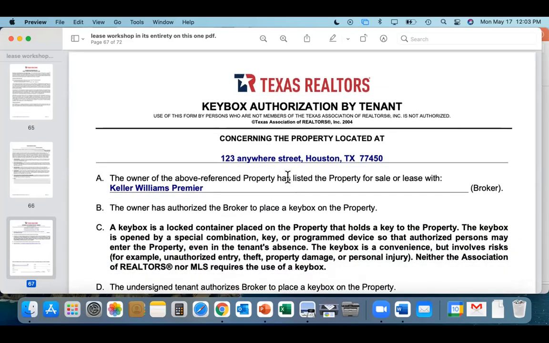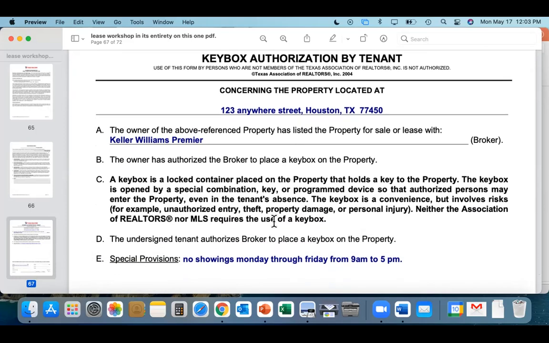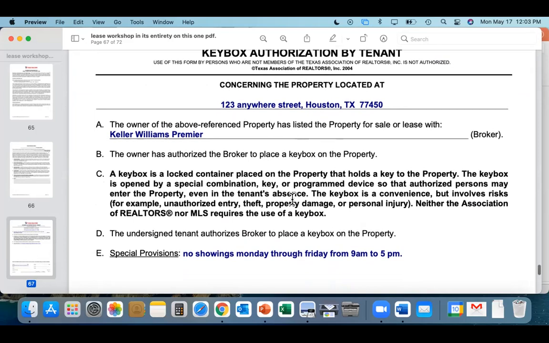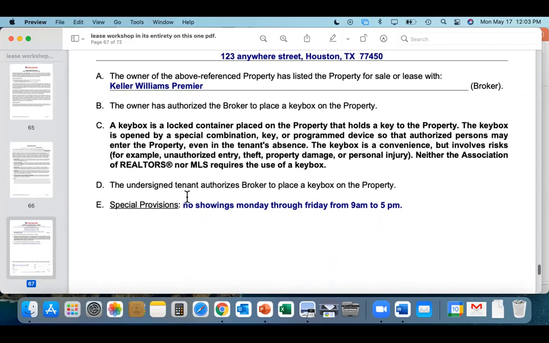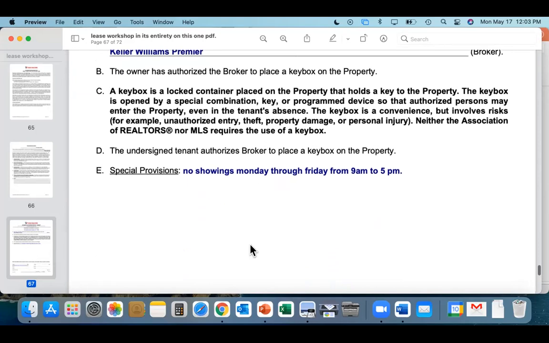Here's our key box authorization by tenant. The owner of the above referenced property has listed property for sale or lease. The owner has authorized the broker to place a key box on the property. A key box is a locked container placed on the property that holds a key. It's that same verbiage. And then it says the undersigned tenant authorized broker to place the key box on the property.